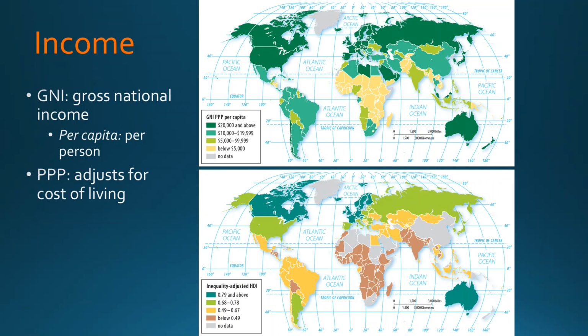And then there is PPP, which adjusts for the cost of living. So basically, when you look at it adjusted for how much it costs to live there, the picture changes a little bit. So if you look at the bottom, the US does not quite fare as much as all of Europe. Canada fares a little bit better than the United States.